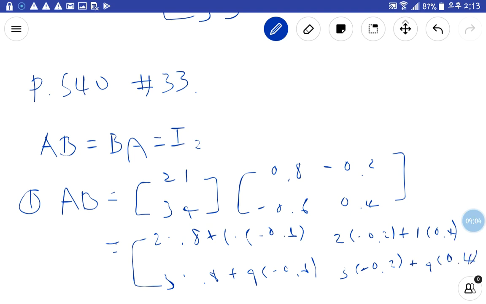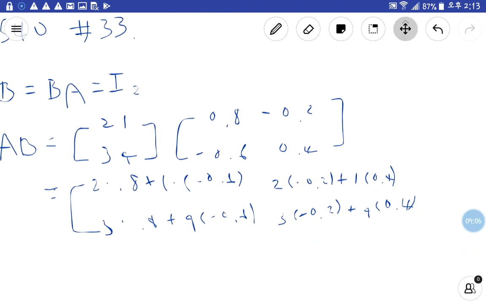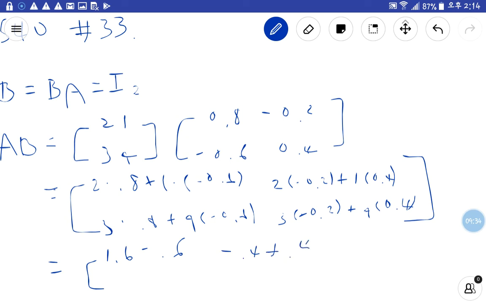So if you have 1, 0, 0, 1, then I can say we can expect that they are inverses of each other. But they said verify, so it may or may not be. So let's check it out. 2 times 0.8 is 1.6, right? Minus 0.6. And I have my second, negative 0.4 plus 0.4.